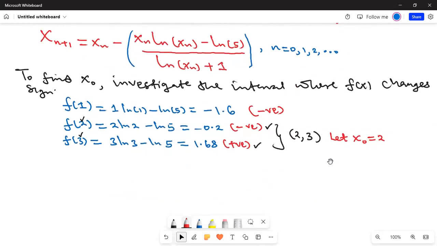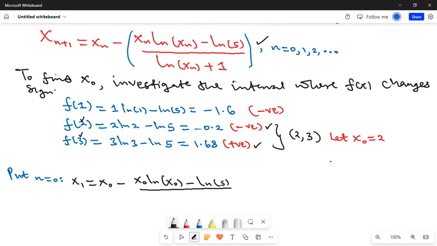Now, let's perform the iterations. We start with when n is 0. We put n equal to 0. What are we going to get? Look at our iterative formula, it is this one. That will give us x1 equal to x naught minus x naught ln x naught minus ln 5, over ln x naught add 1.